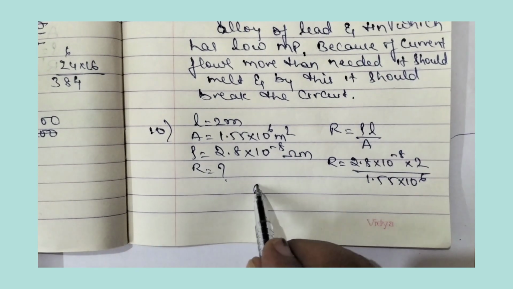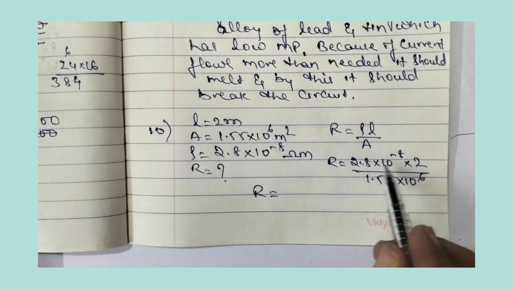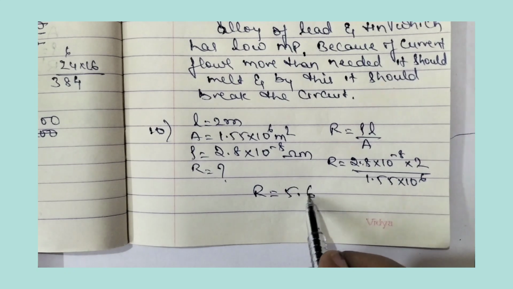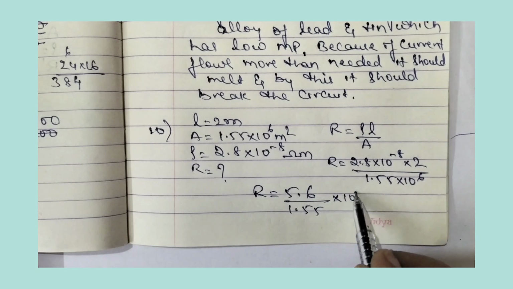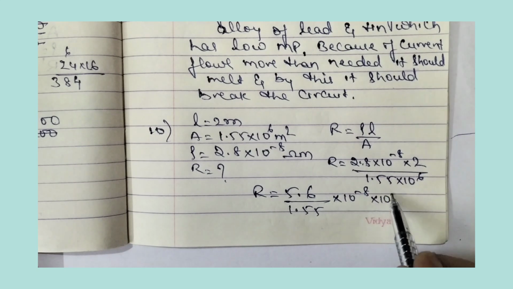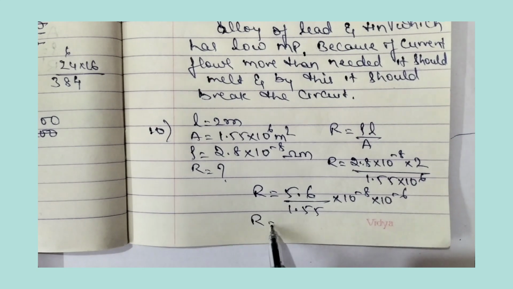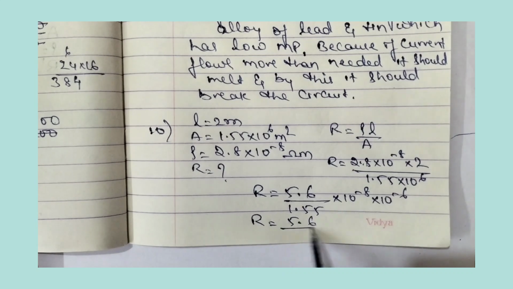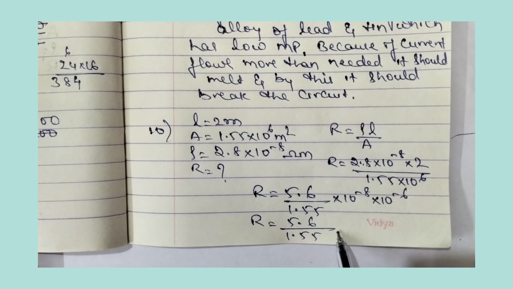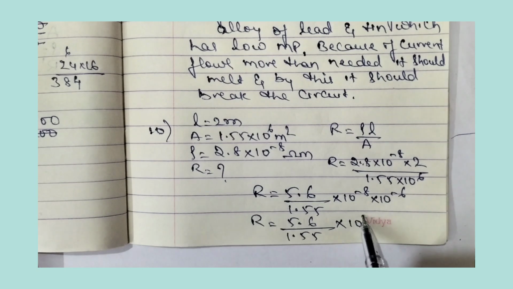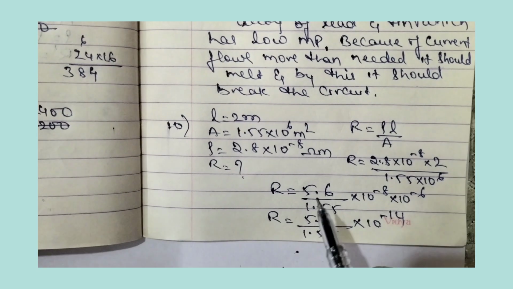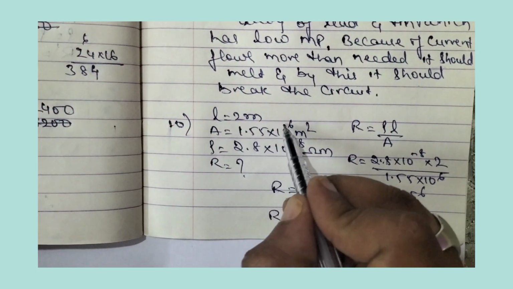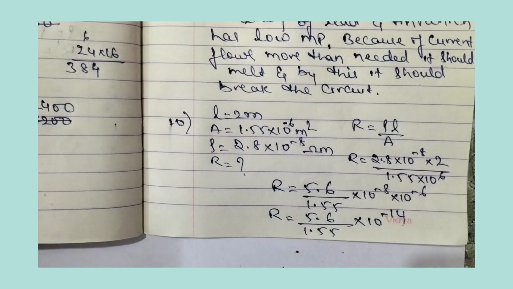So now R is equal to 2.8 into 2 becomes 5.6 divided by 1.55 into 10 to the power of minus 8 into 10 to the power of minus 6. So resistance is equal to 5.6 divided by 1.55 into 10 to the power of minus 14. So let us divide it now. So here area should be 1.55 into 10 to the power of minus 6 meter square.